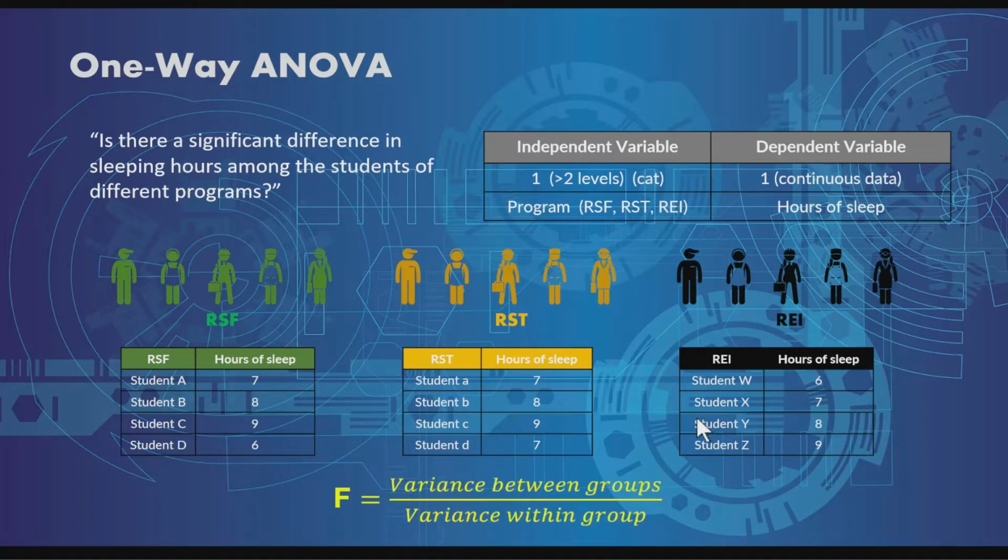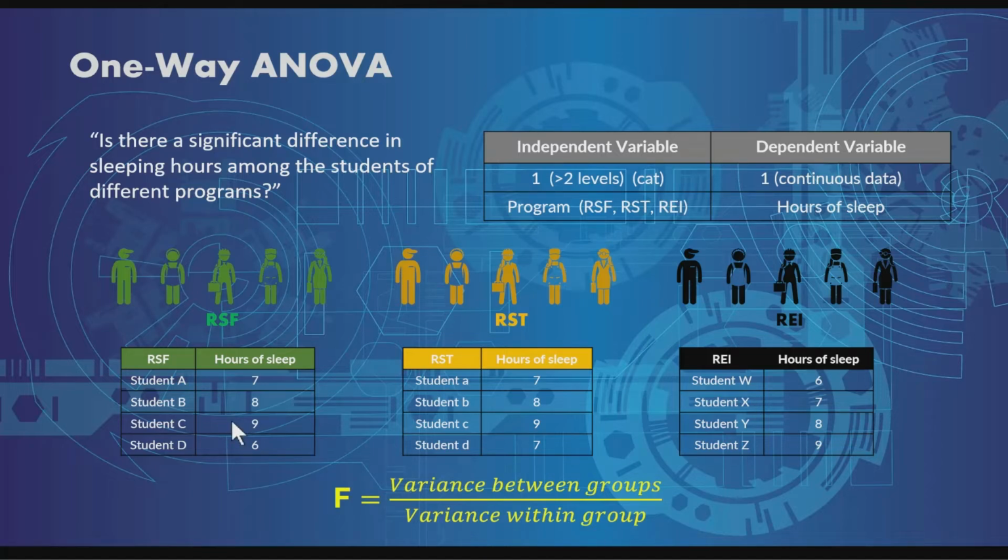And when you compare the difference between the groups, you are going to compare the means of hours of sleep of RSF compared to RST means of hours of sleep, and compare with RAI means of hours of sleep for this group. So this variance between groups must be larger than the variance within groups.